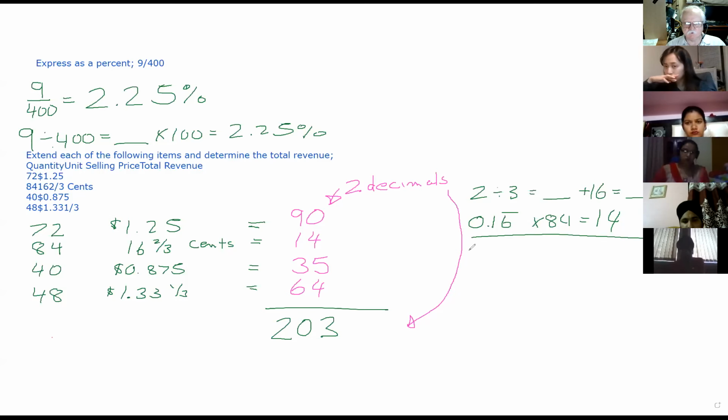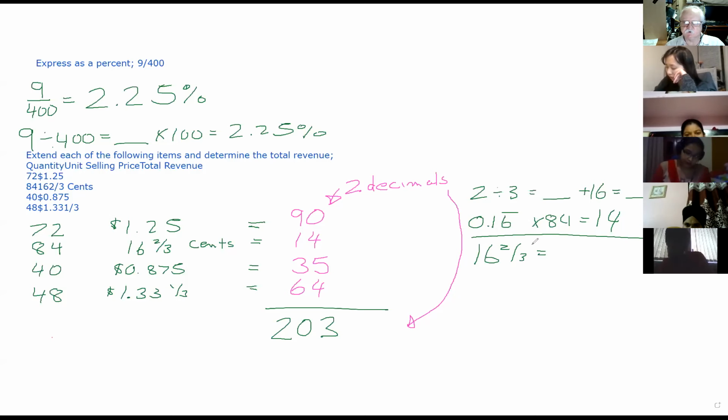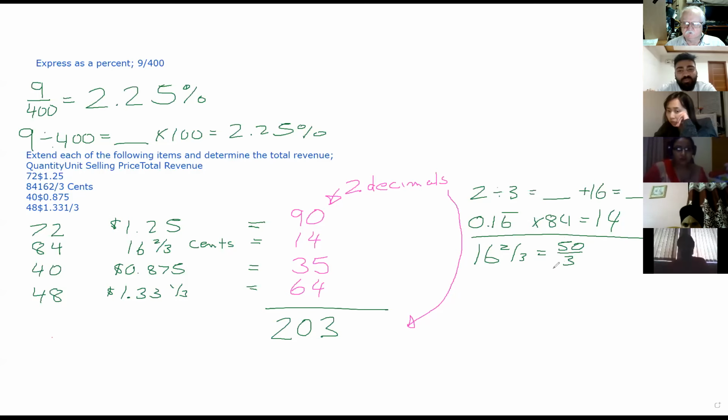Let's see how that would work. 16 2/3 would equal 3 times 16 is 48. No, sir. I was talking about the fourth part. So I thought that 1 by 3 is all over the 1.33 part. So that is why I got the wrong answer, but I got it later.